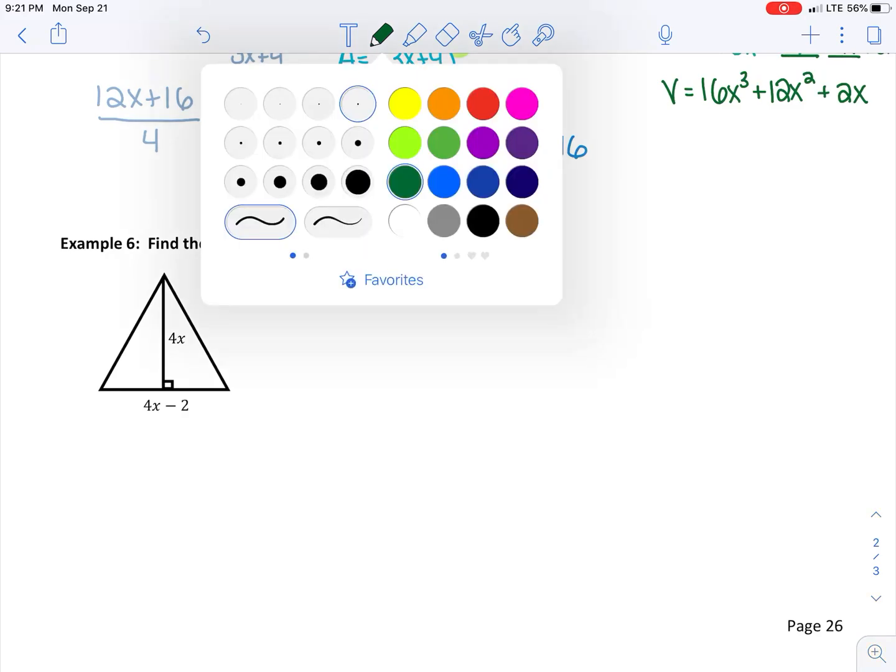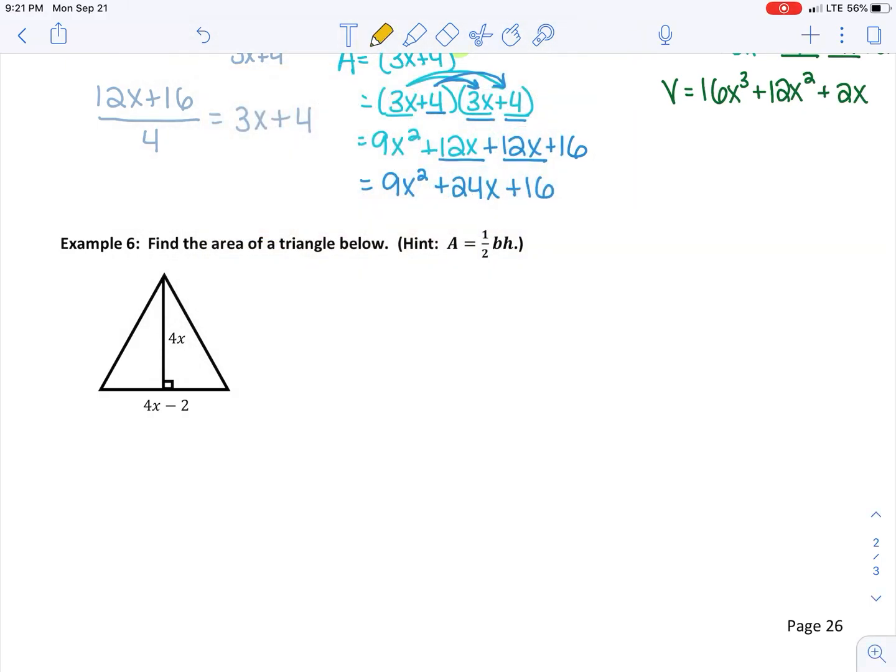area of a triangle. And we've actually done some examples like this previously in the unit. So with this one, it tells us that the area of a triangle is 1/2 base times height. So we're going to say area is equal to 1/2 because that 1/2 is always there.